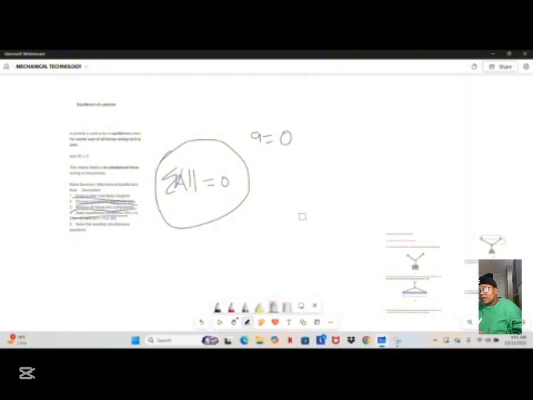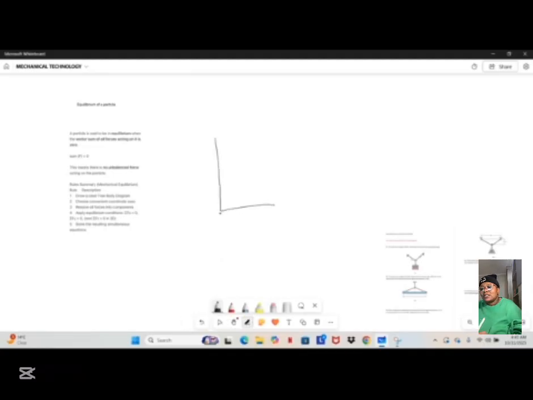It is this point from here to here. You go up until here. Everything goes at the same pace. You should always know that. That's the equilibrium.